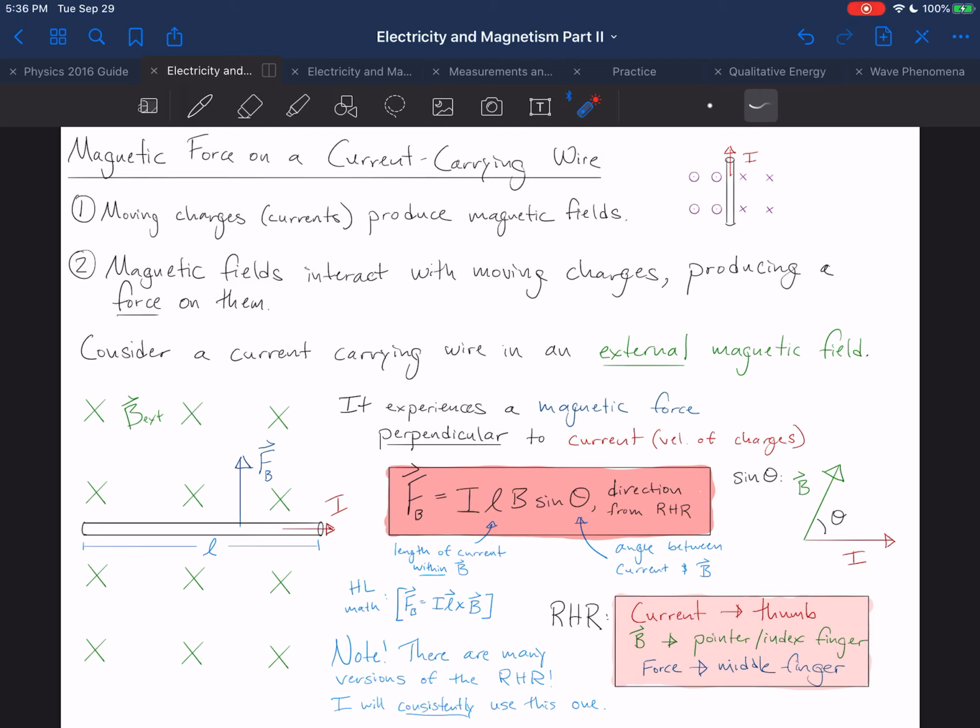So if your thumb is in the direction of the current and your pointer finger is in the direction of the external magnetic field, then your middle finger of your right hand will determine the direction of the magnetic force. Notice that it is at right angles to both the current and the external magnetic field.